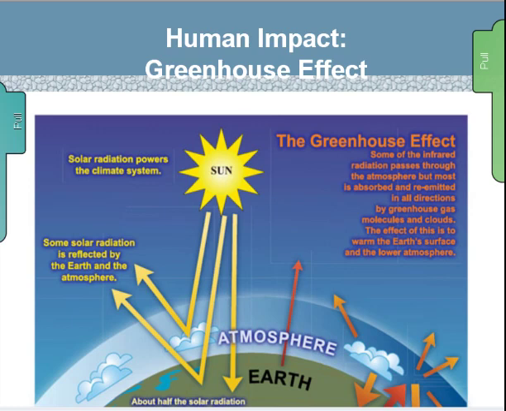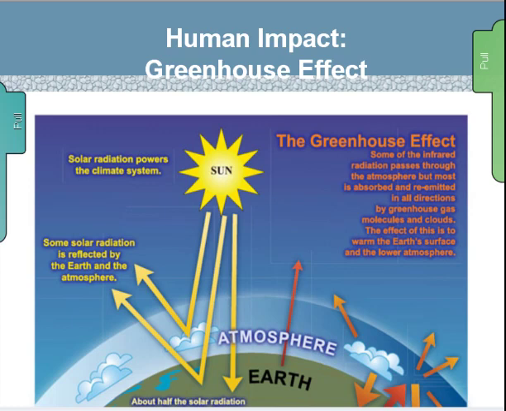The idea behind the greenhouse effect is that some of the warmth, some of the radiation from the sun is kept inside of our atmosphere. It's not allowed to escape, and thus it warms up the Earth. It gets to be a problem when we are trapping too much of that energy inside the Earth, and that happens because of the gases that we put in the air.